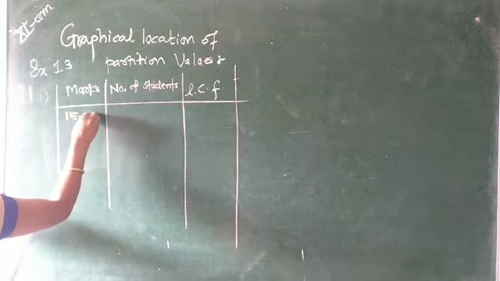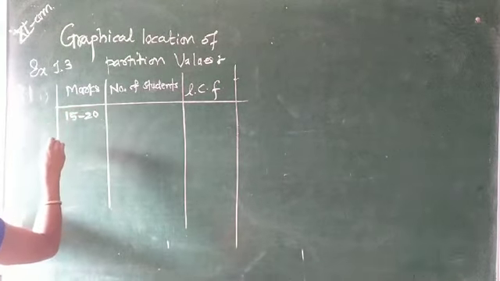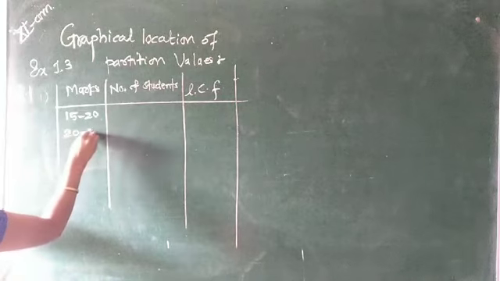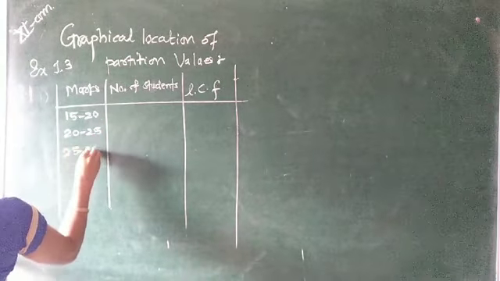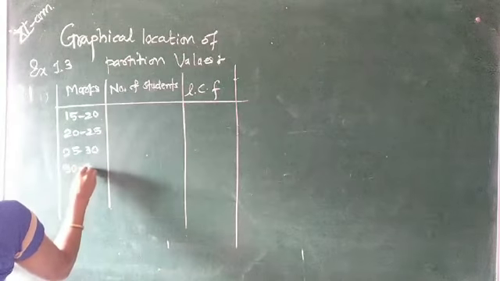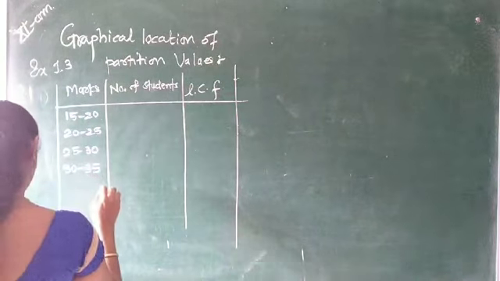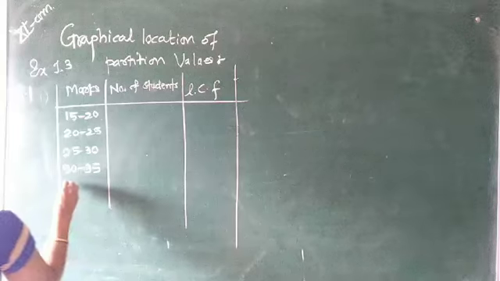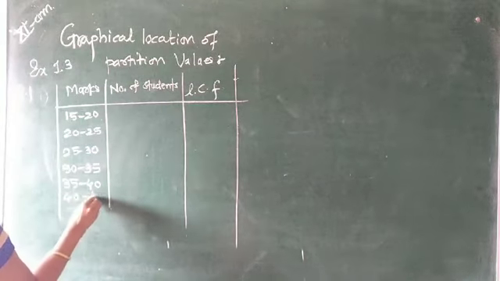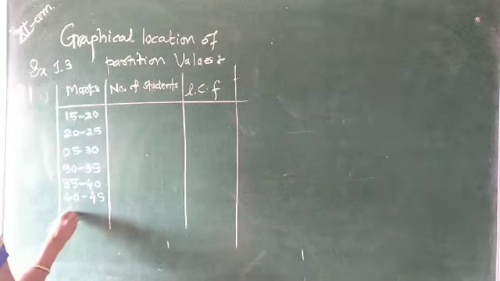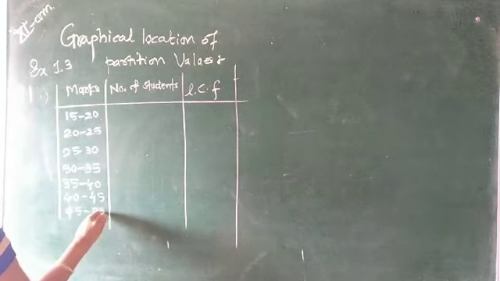That is 15 to 20, 20 to 25, 25 to 30, 30 to 35, and up to 50: 35 to 40, 40 to 45, and 45 to 50.